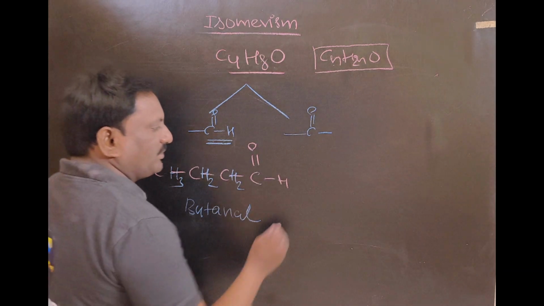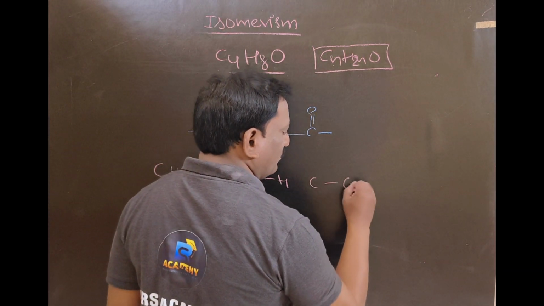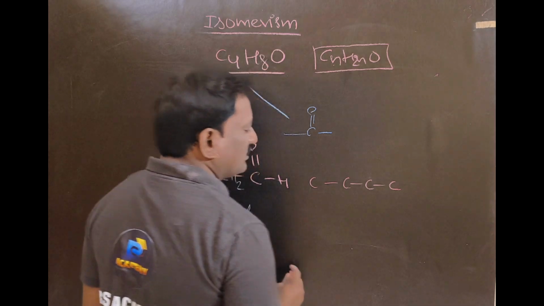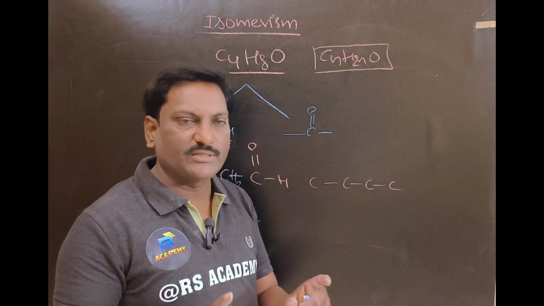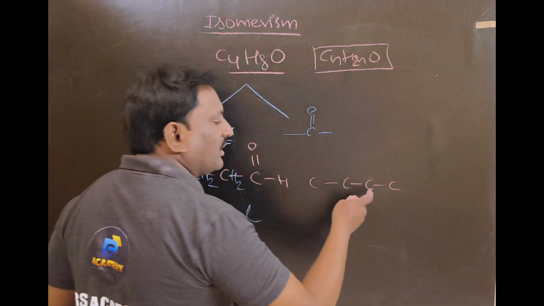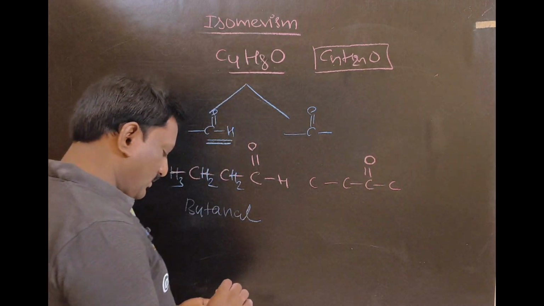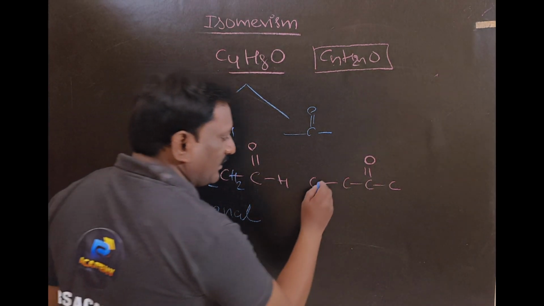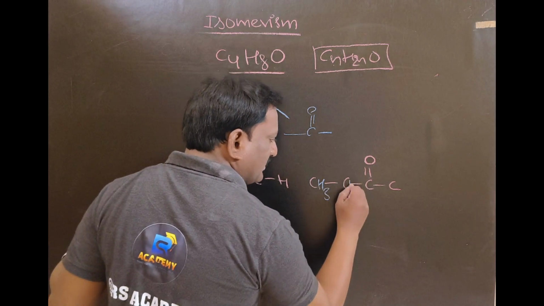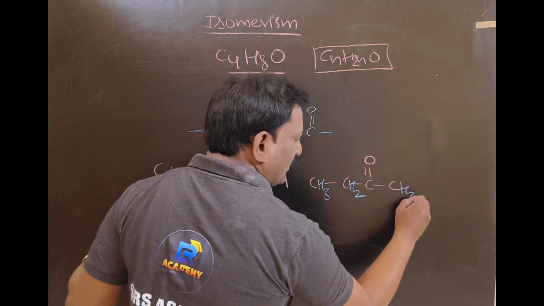Then what about this one? Keto group. 1, 2, 3, 4. The C double bond O group must be present between any two carbon atoms, here or here. That's up to you, not a problem. The remaining valency must be filled by hydrogen. CH3, CH2, CH3.